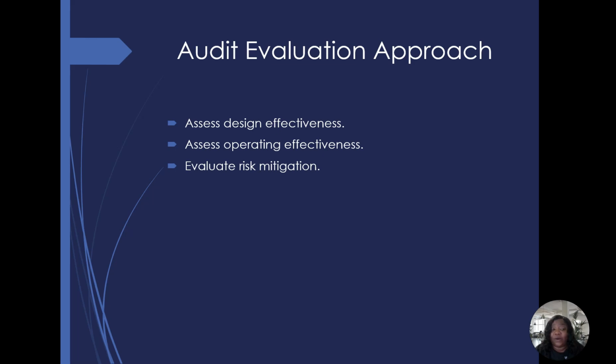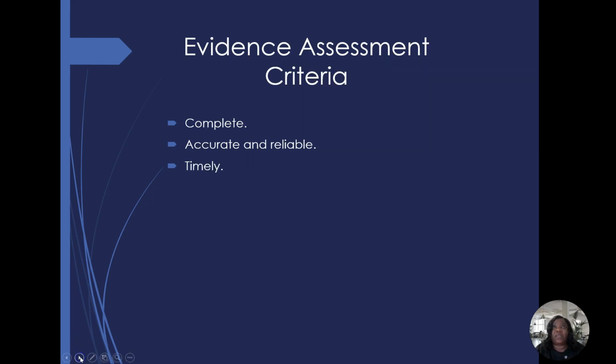Evaluate first whether the control is designed appropriately, and then evaluate whether it operated consistently over the testing period. So from an audit approach, you need to assess design effectiveness, assess operating effectiveness, and evaluate the risk mitigation.